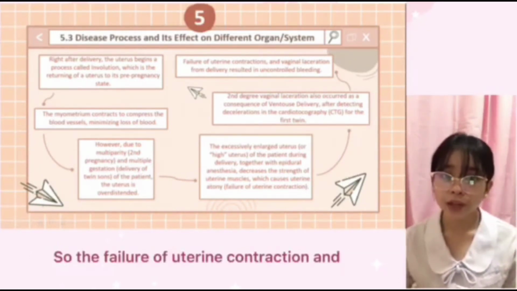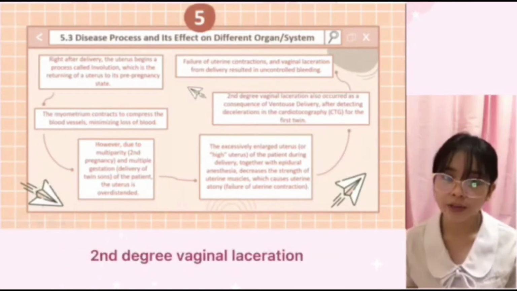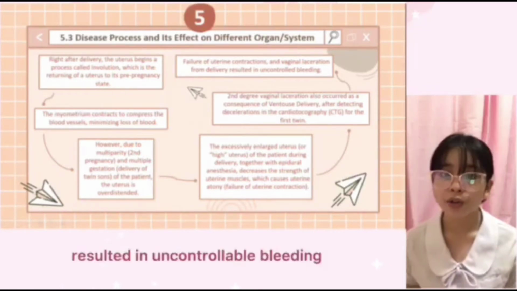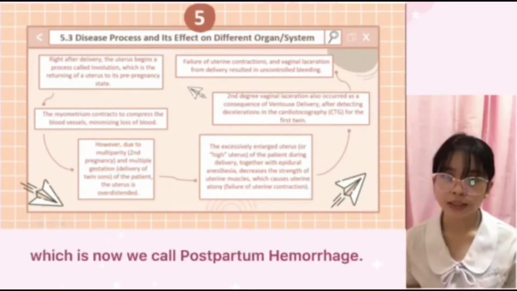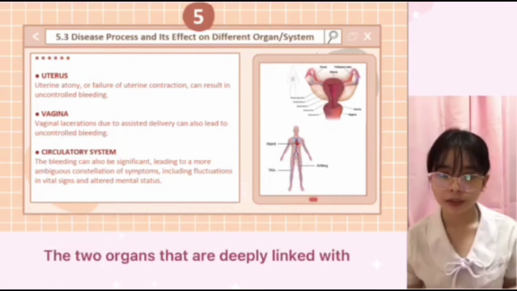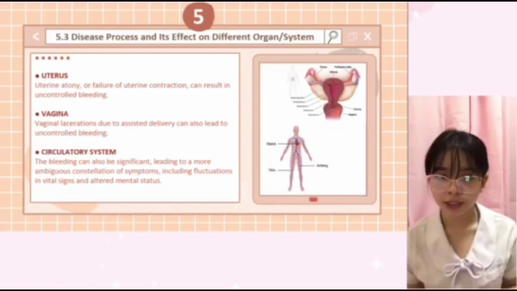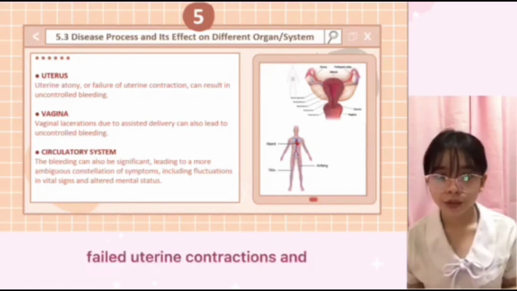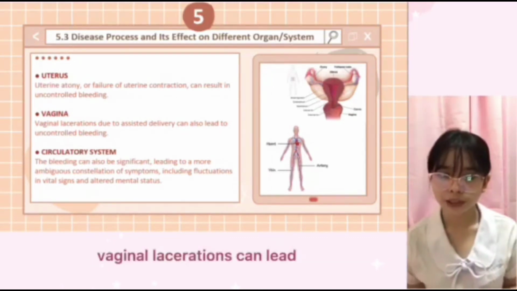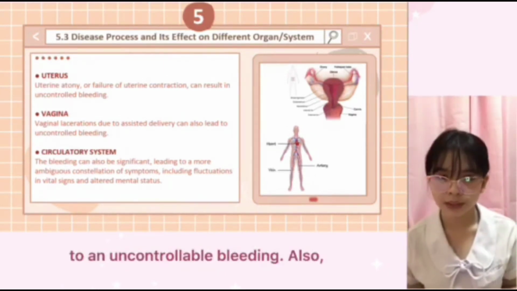So the failure of uterine contraction and the second degree vaginal laceration resulted in uncontrollable bleeding, which we now call postpartum hemorrhage. The two organs that are deeply linked with postpartum hemorrhage are the uterus and vagina, because failed uterine contractions and vaginal lacerations can lead to uncontrollable bleeding.